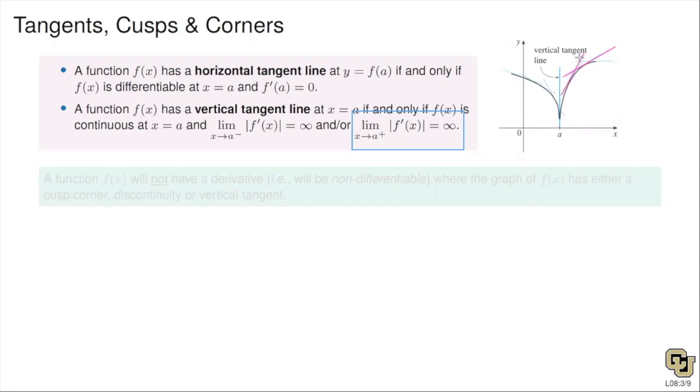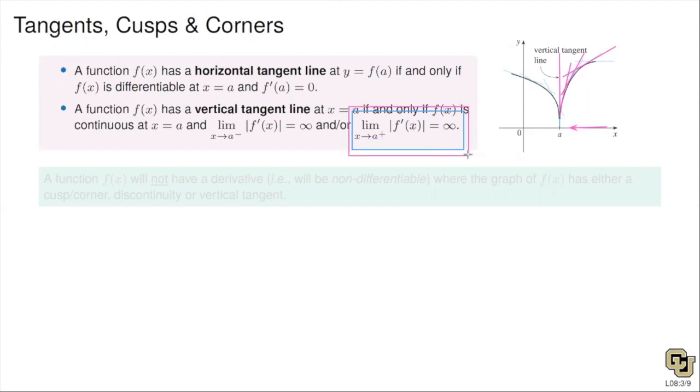You see it's still positive, but getting steeper. As we approach, this vertical line gets steeper and steeper. And so we interpret the slope here as getting steeper and steeper, going to plus infinity. So this exactly would be this limit here. This would be approaching a from the right, and the slope here would be blowing up to plus infinity.